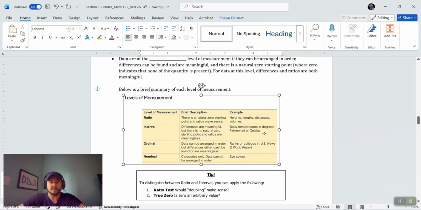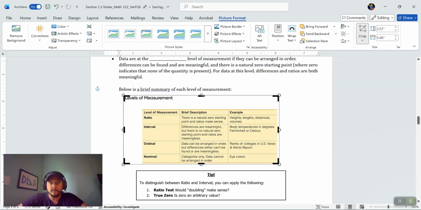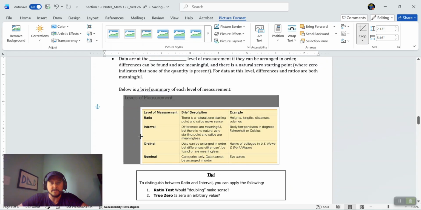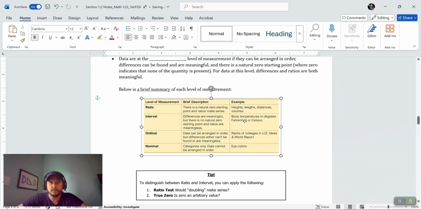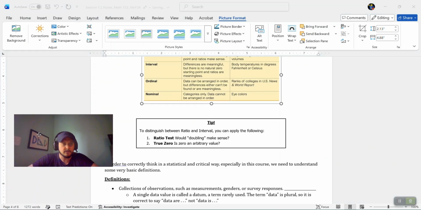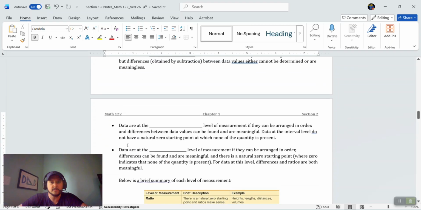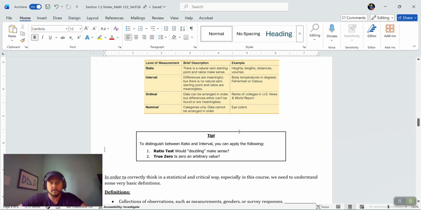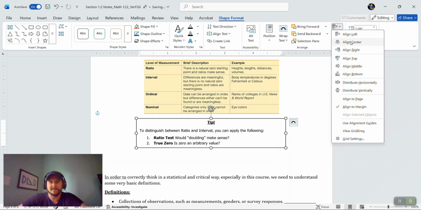And I'll just center this here. You know what? I'm going to crop this just to make this table a little easier to format. Okay, where are we at here? This is page 4. That's good, because I thought we were already on page 5.